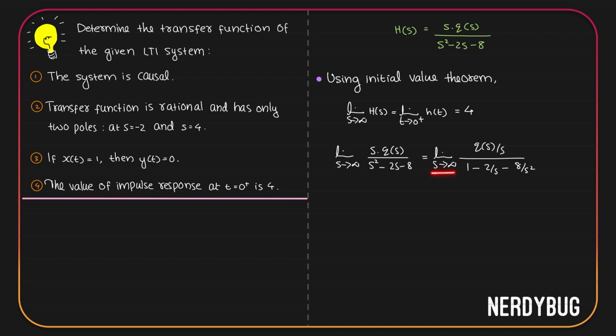If you apply s tends to infinity in the denominator, 1 is still 1, 2 by s is 2 by infinity which is 0, 8 by s square is also 8 by infinity which is 0. So this is simply limit s tends to infinity Q(s) divided by s.